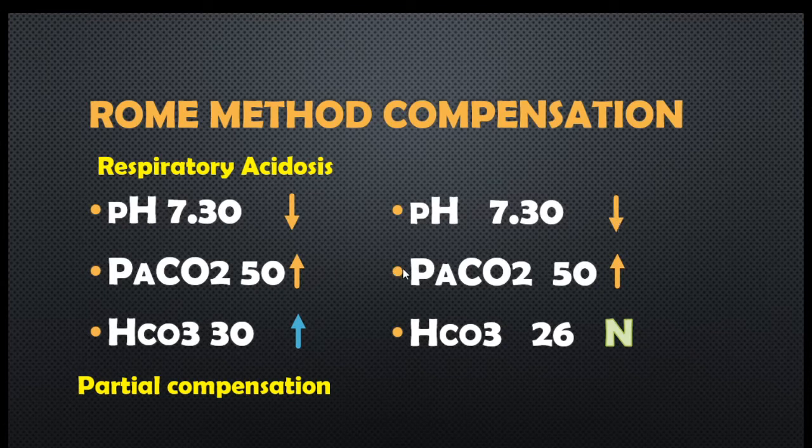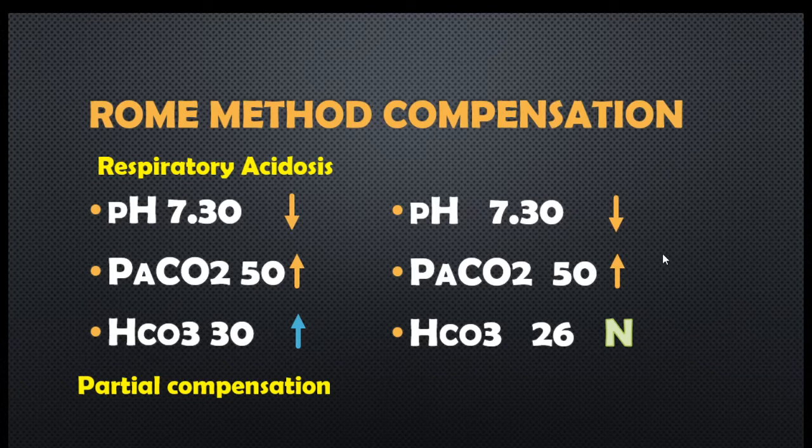The bicarbonate level is normal, so we look at the PaCO2 level. The PaCO2 level is increasing, so the arrow is going up. So we can identify that this is a respiratory, with opposite arrows. This is a respiratory, not metabolic.